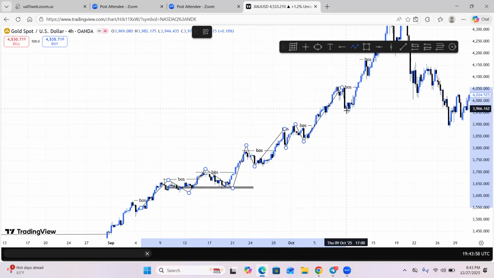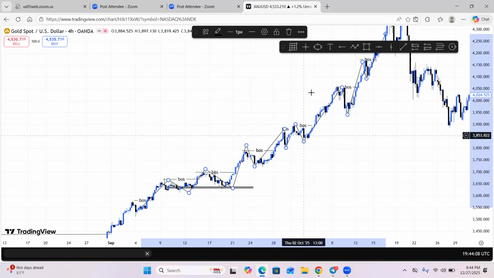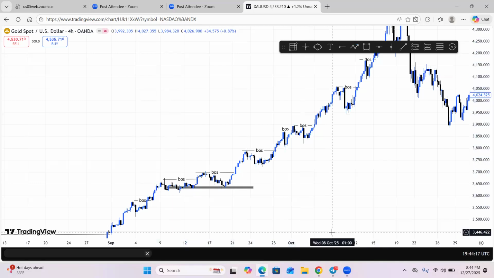Basically what I was drawing. Do you understand? When the market is moving to the upside, creating structures like this, it is breaking structures to the upside.